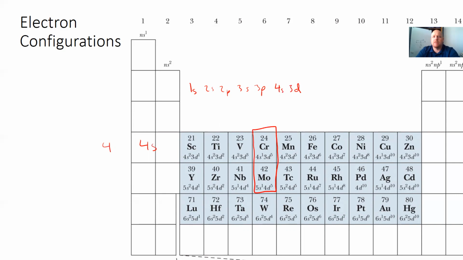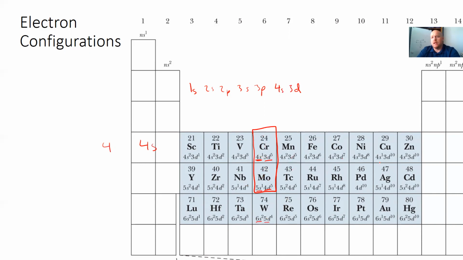So things like chromium and molybdenum, where we would actually half fill all of the 4s and 3d orbitals, and the 5s and 4d orbitals for molybdenum, rather than filling the s orbitals first. Now, there are only certain ones that I really want you to know. Chromium is one, molybdenum is one. Notice that tungsten doesn't have that same process once you get down into period 6.